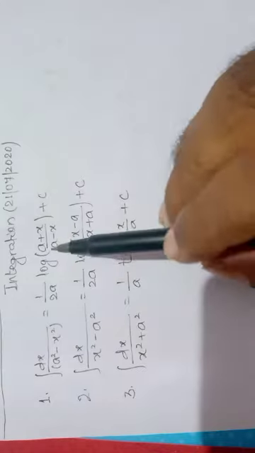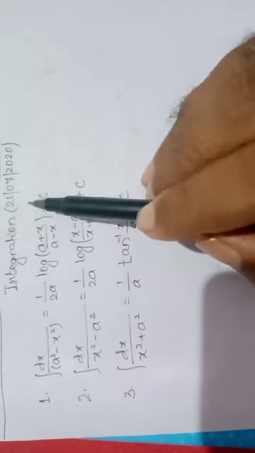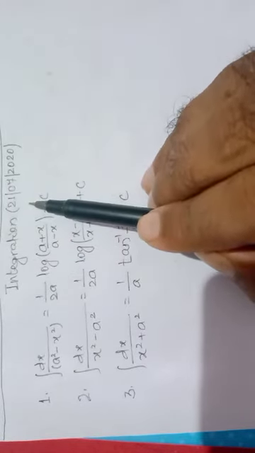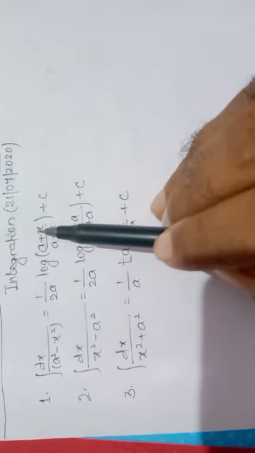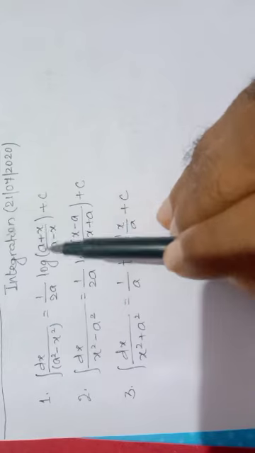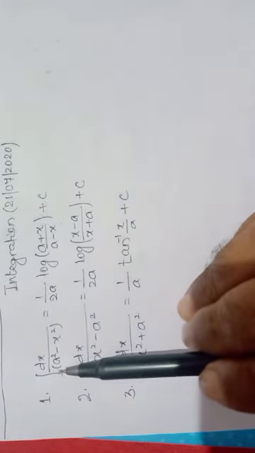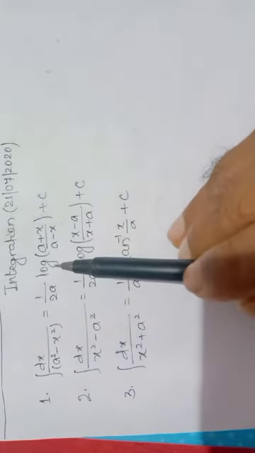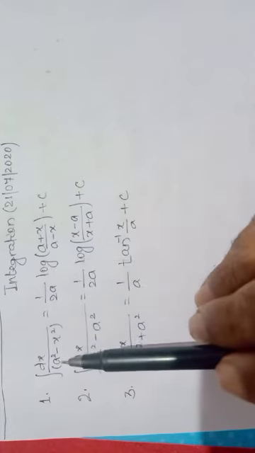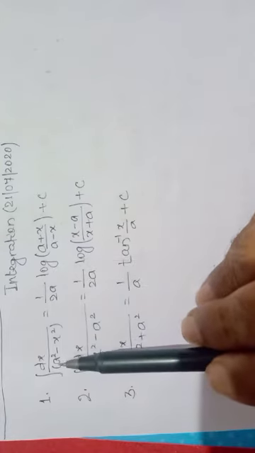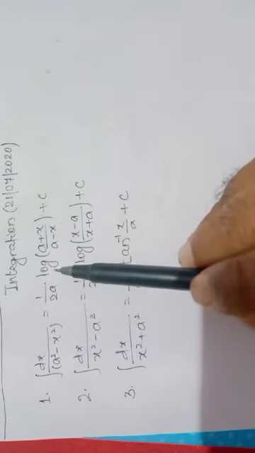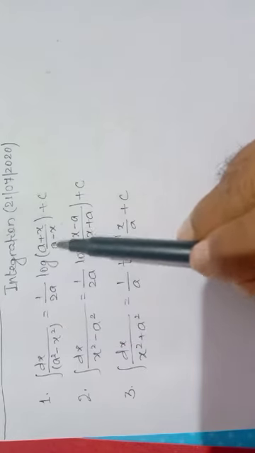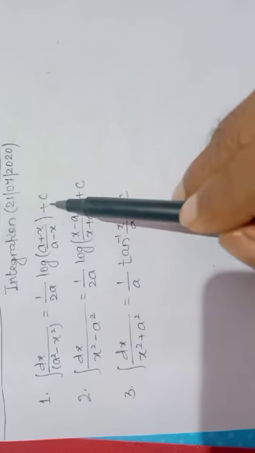Students, as you know, we are doing integration, and yesterday we studied some special integrals in which I derived three formulas. Integration of 1 upon a square minus x square is 1 by 2a log of (a plus x) upon (a minus x) plus c.